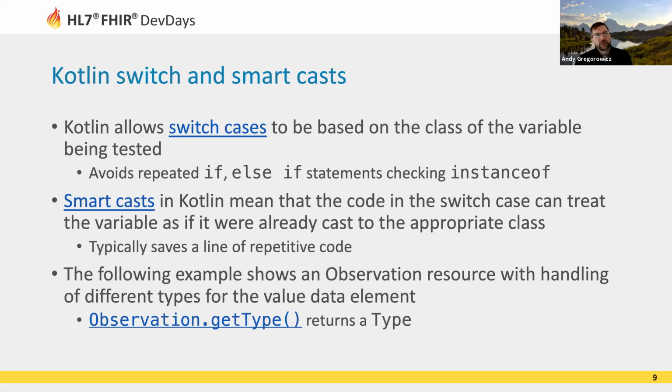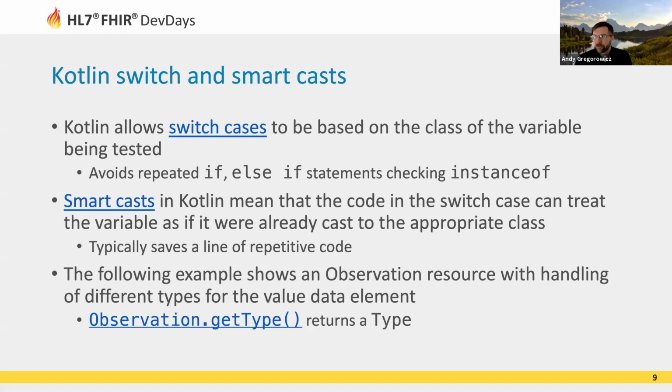Kotlin also has this notion of something called a smart cast. What a smart cast does is save you a lot of time telling the compiler things that it should already know. So if you're in a switch case where you've switched to say this is a physical quantity, you don't have to cast that variable to a physical quantity.